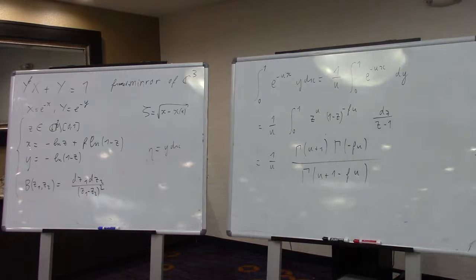In fact, again, you need to multiply by 2u to the power 3 halves, square root of pi, and so on.